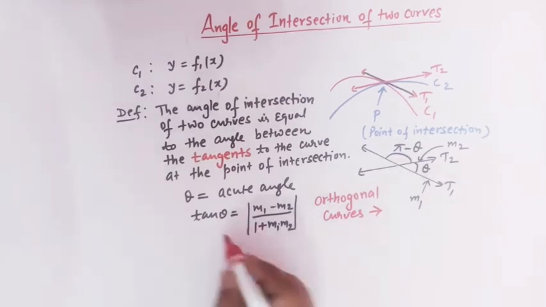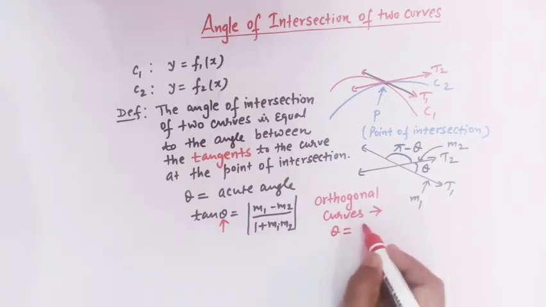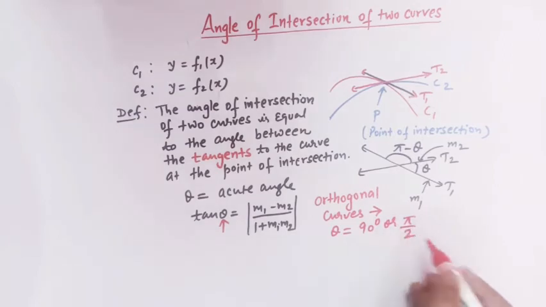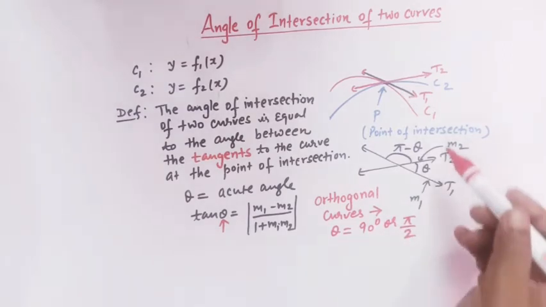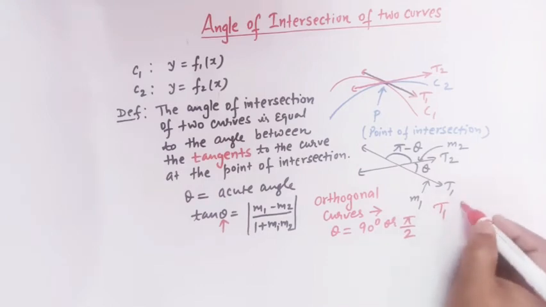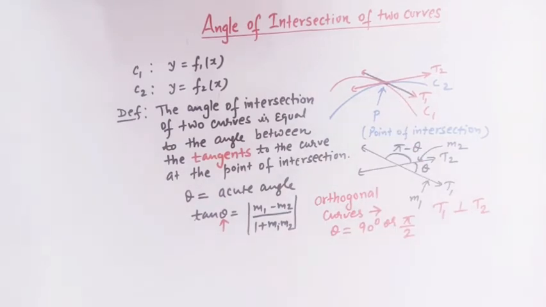So it means if this angle theta is 90 degrees or pi by 2, then we say that the two curves C1 and C2 intersect orthogonally, right? So if the tangent T1 is perpendicular to the tangent T2 at this point of intersection, then the two curves are said to be orthogonal, right?